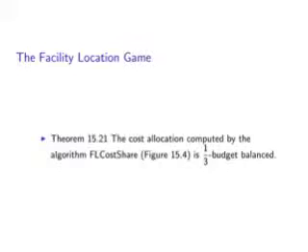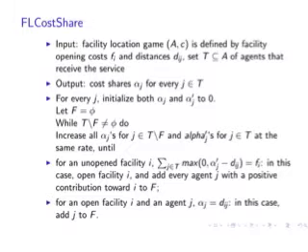It is enough to show that for every instance of the facility location problem, it is possible to construct a solution whose cost is at most 3 times the sum of the cost shares computed by FL cost share. To do this, we perform a post-processing step. Let Ti denote the time at which facility i is opened by FL cost share, and order all opened facilities by increasing Ti.